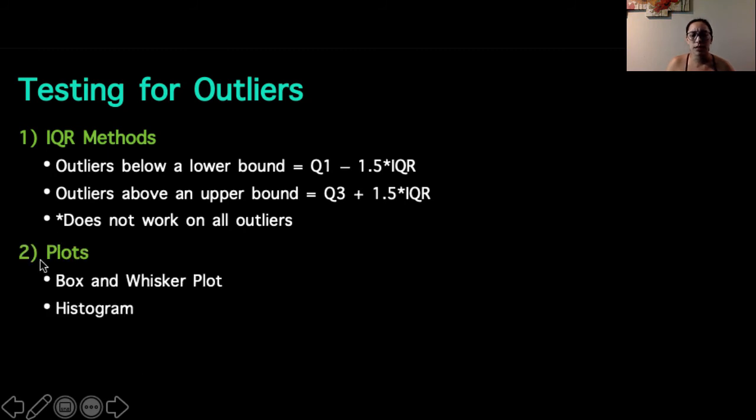We can also use plots in Excel and SPSS, so we can look at box and whisker plots, which will give you your Q1, Q2, and Q3. Usually it will show you where your mean lies in that box, and then you have whiskers that extend to 1.5 times the interquartile range. Any values that are located outside of that extending whisker are going to be considered outliers.